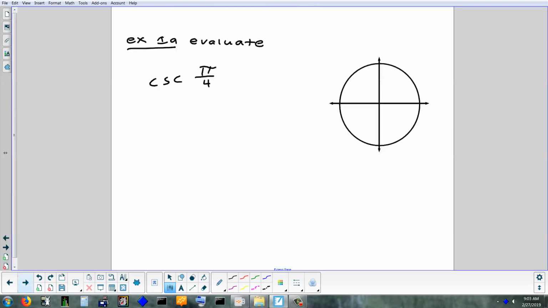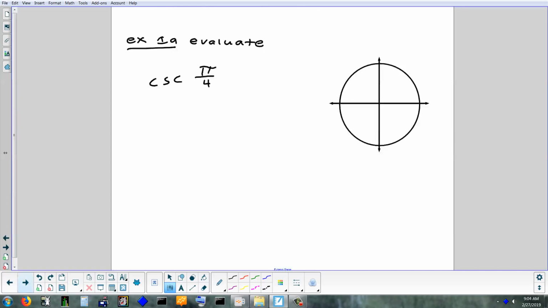All right. So now the rest of them, we'll just go through one trig function per problem. Okay, cosecant of pi over 4. Okay, Peter, what's the first thing I have to do to figure that out? Yeah, it might be helpful to put it in degrees.